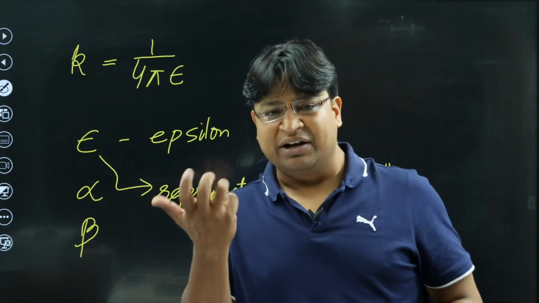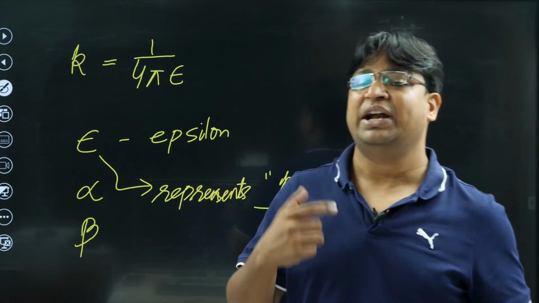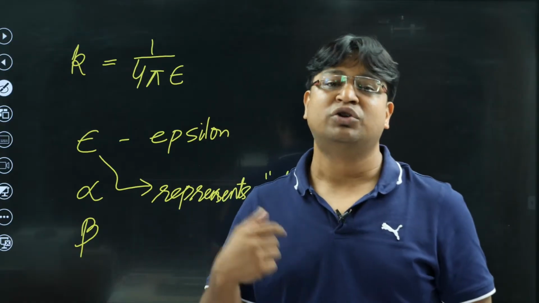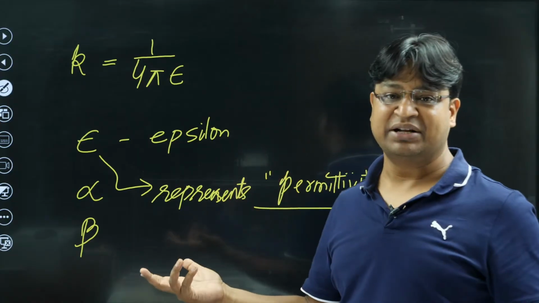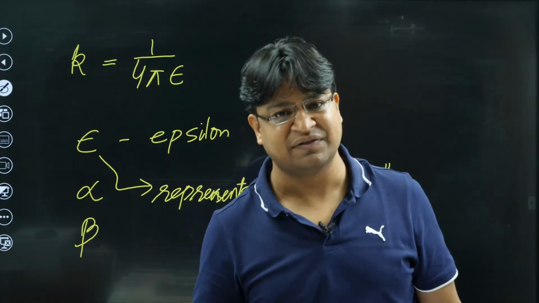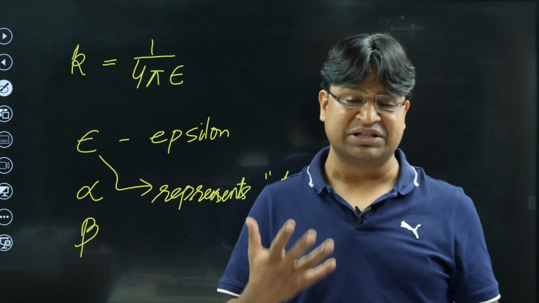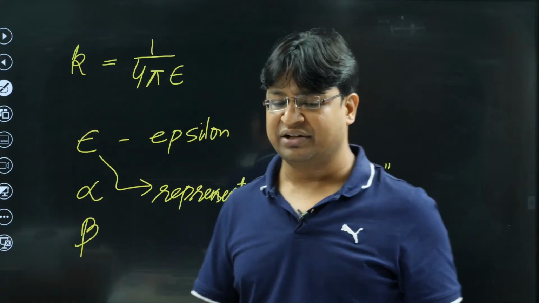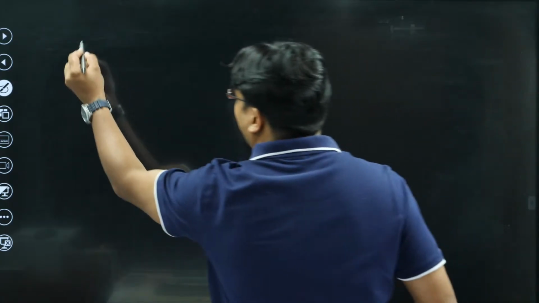Permittivity is a number associated with a medium which indicates the responsiveness of the medium towards charges. The higher this number is, the more responsive the medium is. The medium will react to the presence of charges to a greater extent if this number is greater. So epsilon represents permittivity.